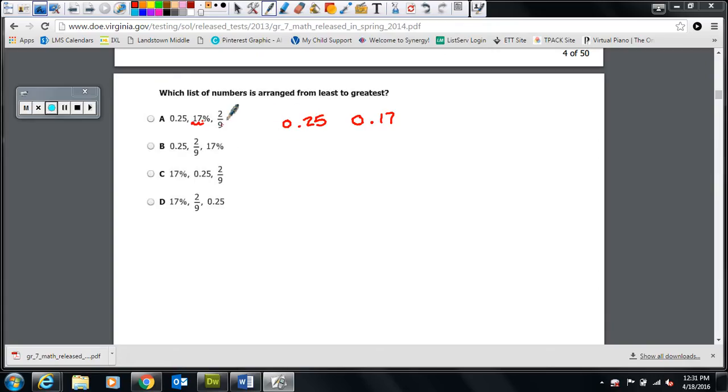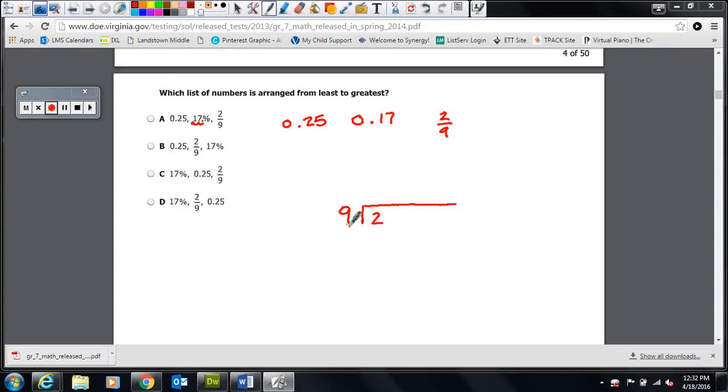All right, our last term we need to turn into a decimal, 2/9. And you know what? The easiest way to do this one is simple long division. So I'm going to take my denominator and put that in the divisor's position. I'm going to take my numerator and put it in the dividend position, and do some long division.